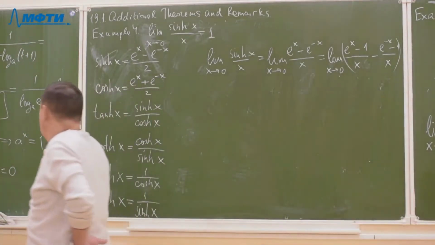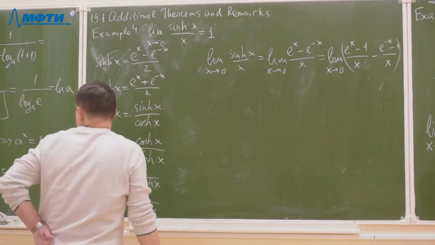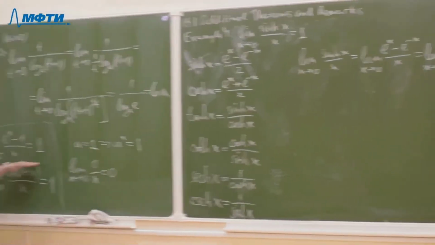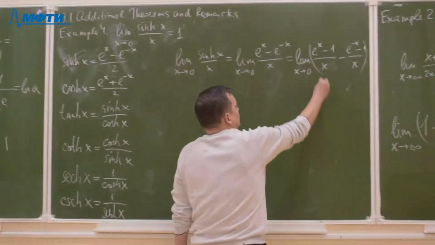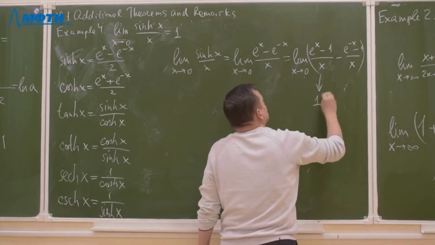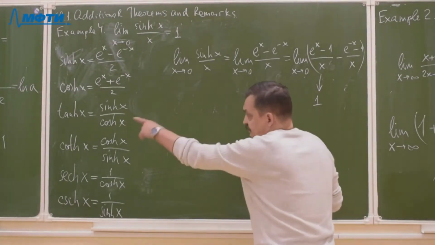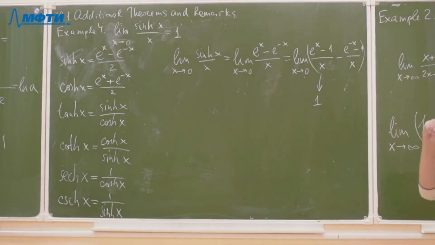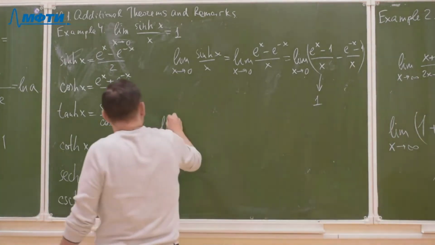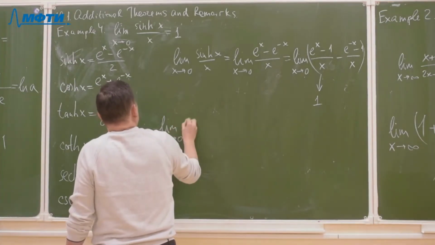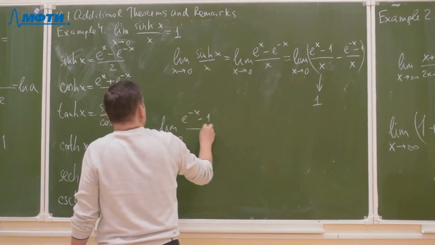Now both limits exist. The limit of (e to the power x minus 1) over x equals 1. We have this observation in the former example. And here, how can we proceed? (e to the power minus x minus 1) over x.